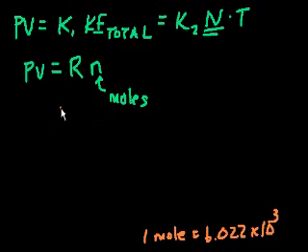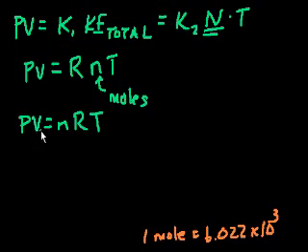So this is just another way to write the number of molecules, times temperature. And then if we rearrange it, PV equals nRT, we have a relationship that if I know the pressure, the volume, and the number of molecules, I can figure out the temperature. Or if I know the number of molecules, the temperature, and the pressure, I can figure out the volume, assuming I know what R is. And I'm about to tell you what that is.